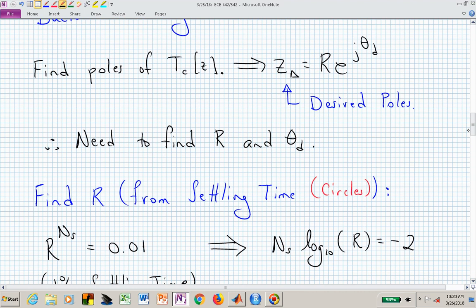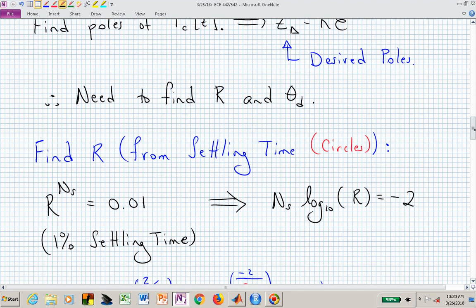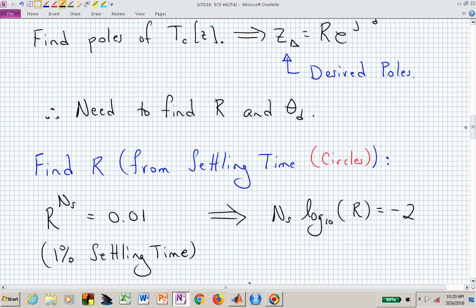We can find r from the settling time. Remember, settling time gives us circles. The 1% settling time we can determine using the relationship r raised to the number of sample periods we want in our settling time. So how long does r take to collapse down to 0.01 when we keep raising it to higher and higher powers?